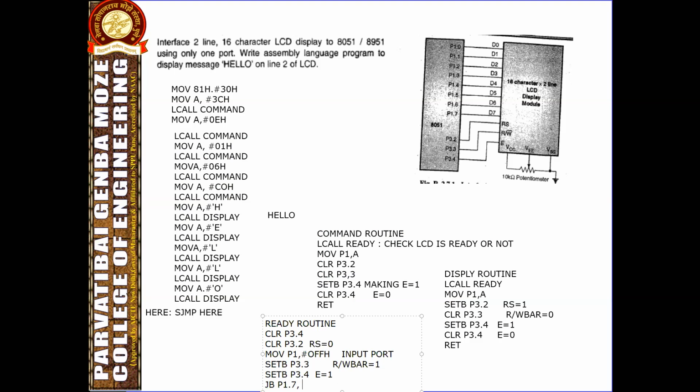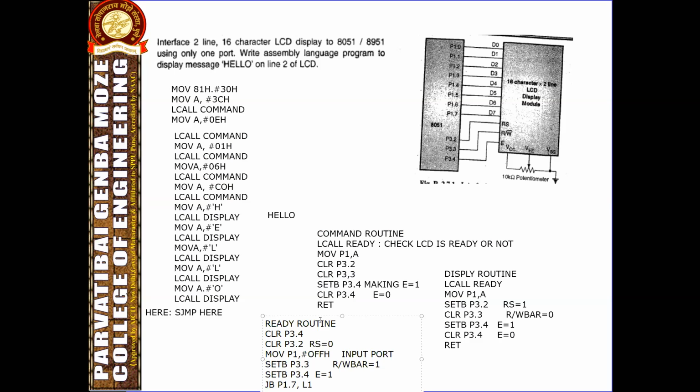Check the D7 bit. If it is 1, then the LCD is busy and wait till it becomes 0. Jump bit will check P1.7, the data 7th bit, whether busy or not. If it is 0, then it is free. If it is not, then it will jump to L1 for waiting purpose.